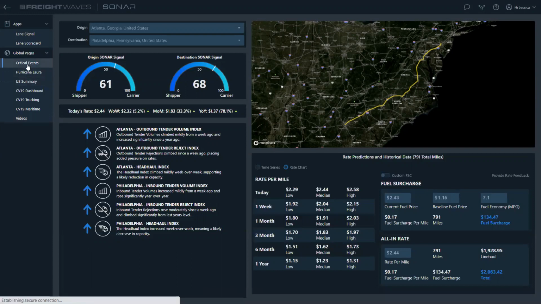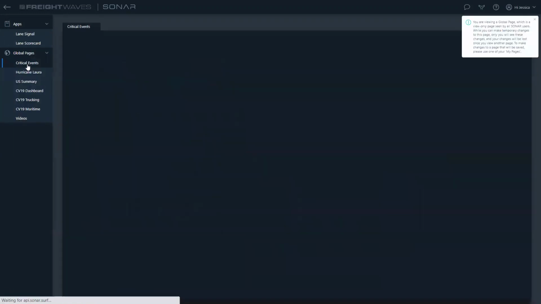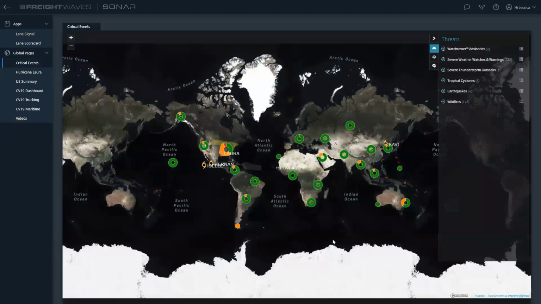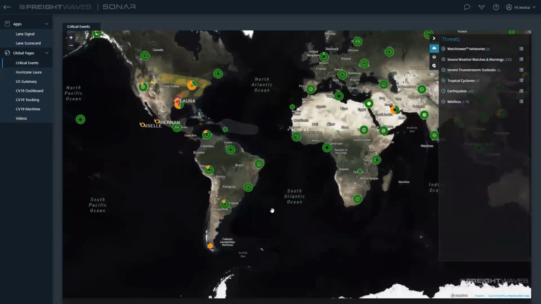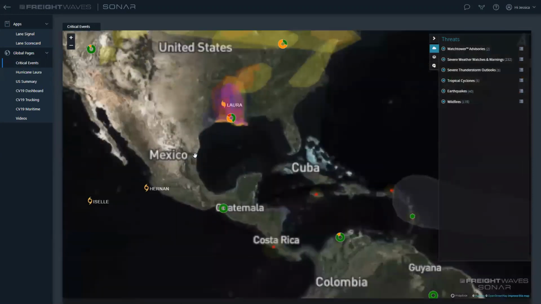The first one is Critical Events. Critical Events allows you to see different weather watches and warnings, allows you to track hurricanes, and also allows you to see what assets are in the path of any type of weather warning or watch.